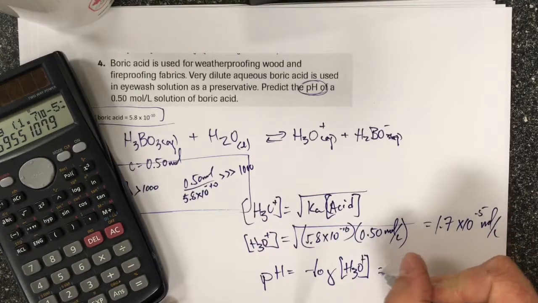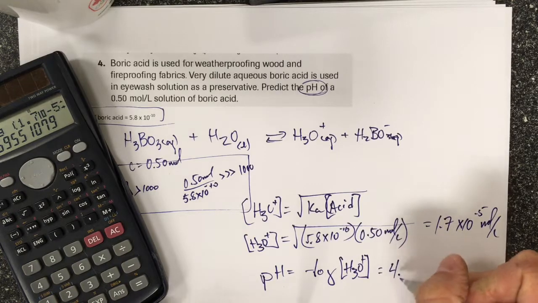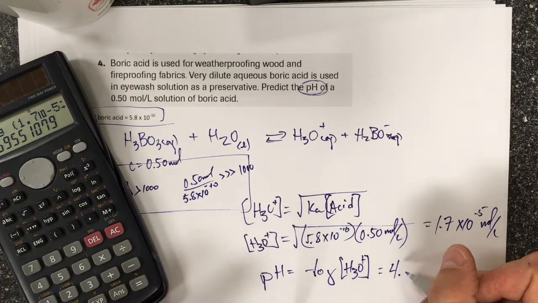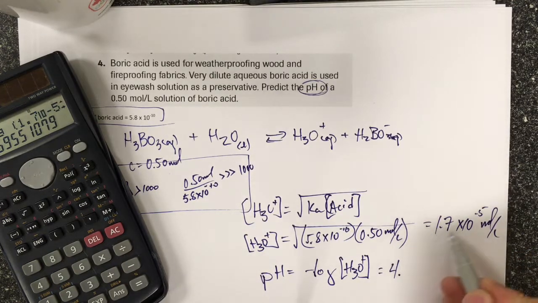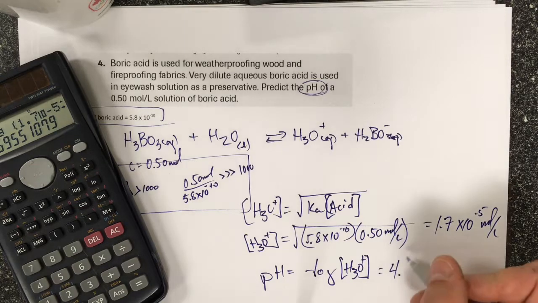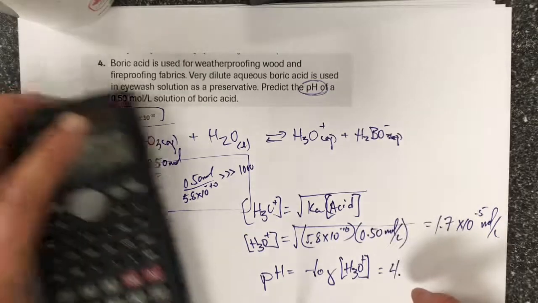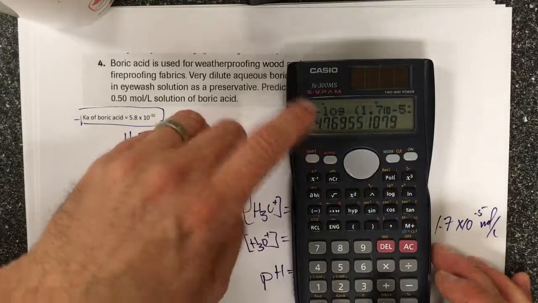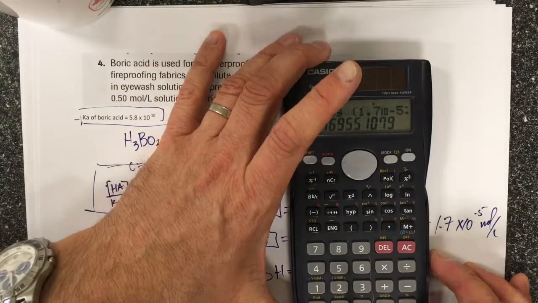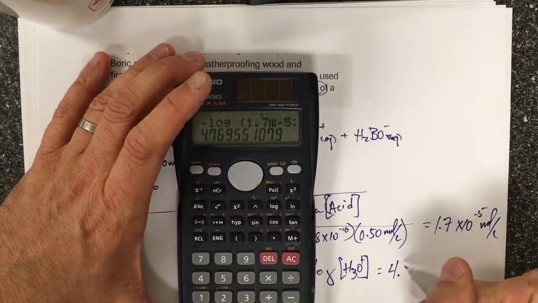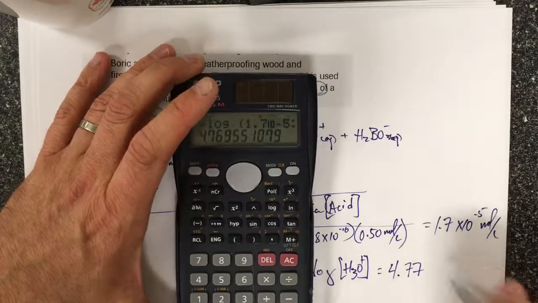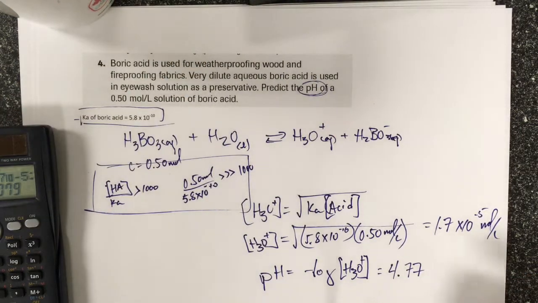So it's giving me a pH of 4.7695. pH has two significant digits following the decimal place. So since it's 4.769, two significant digits gives me 4.77, and that should be the answer for this question.